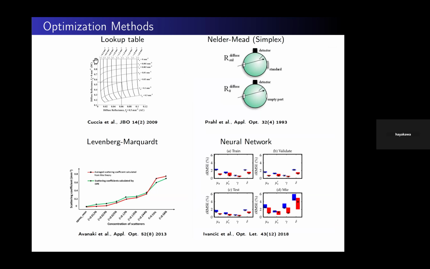Okay, so David Cuccia generated his range of mu A and mu S prime, and then he generated forward predictions. That's all of these in here. And then now when he takes the measurement, he says, at spatial frequency 0.5, I measured this, at spatial frequency 0, I measured this. He can just come into this table and say, mu A, mu S prime are these values.